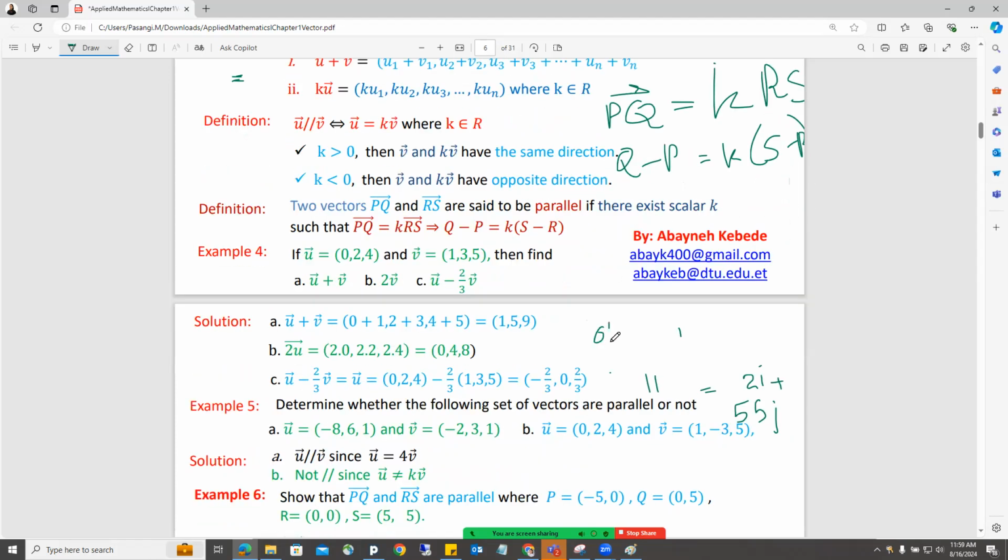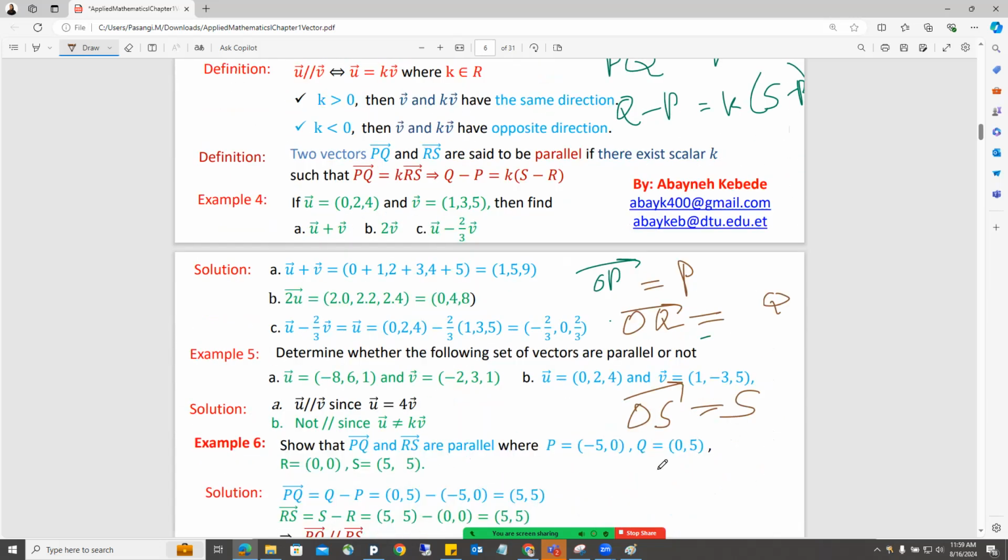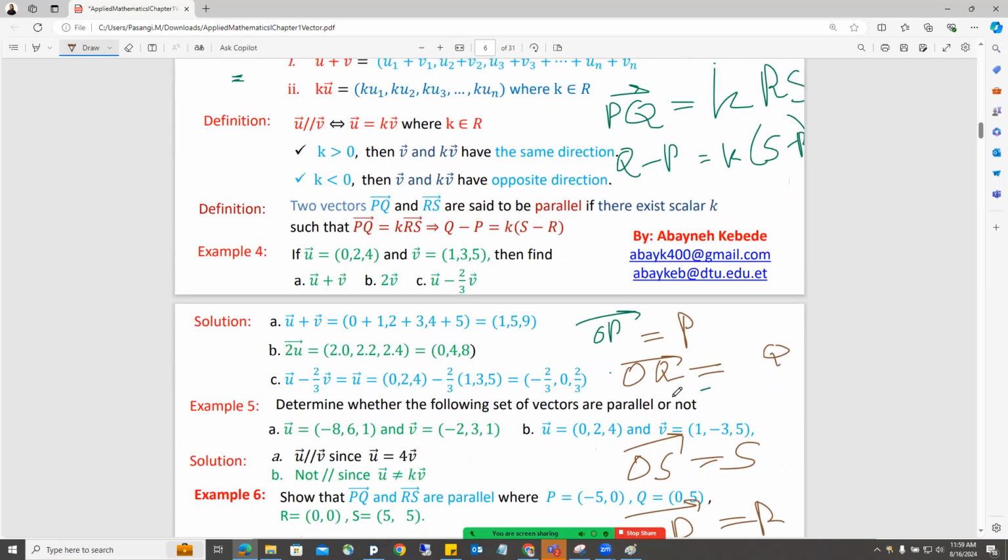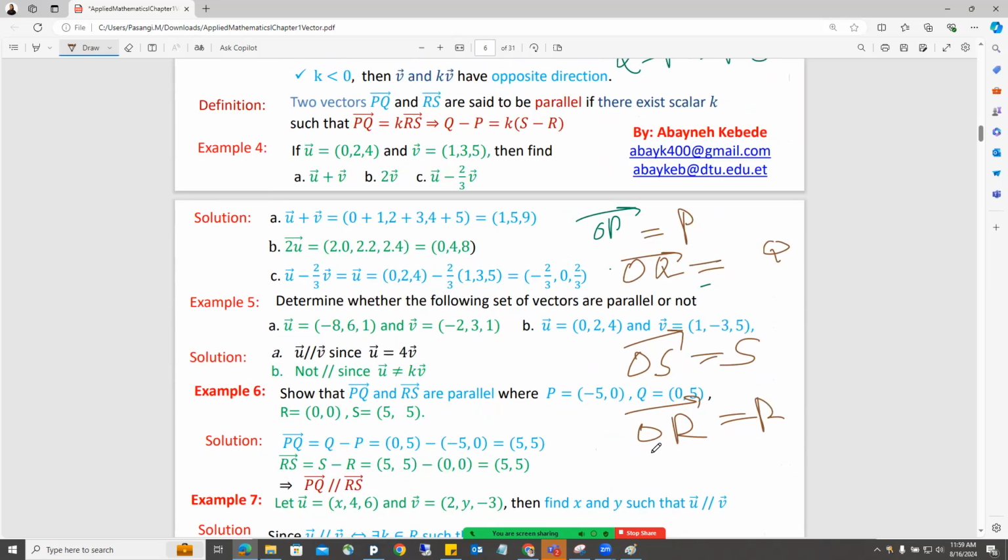Here, vector OP means P, vector OQ means Q, vector OS means S, and vector OR means R. O means the origin, the starting point, like zero, zero in the Cartesian plane. Yes, the initial point exactly.